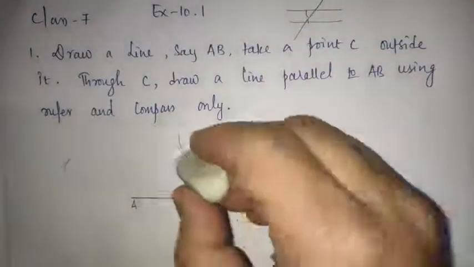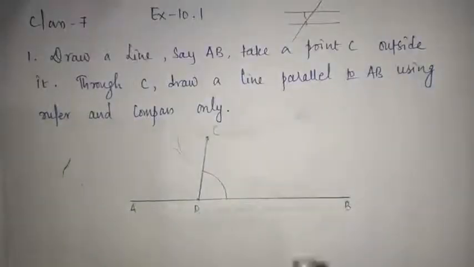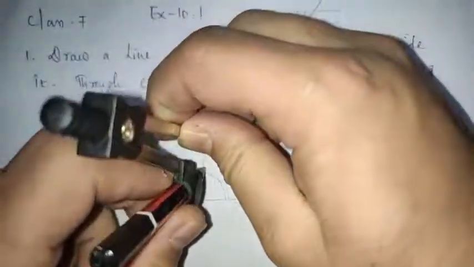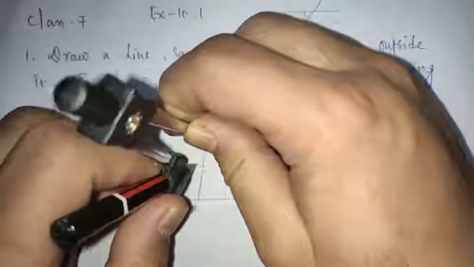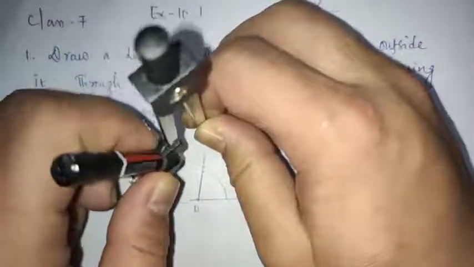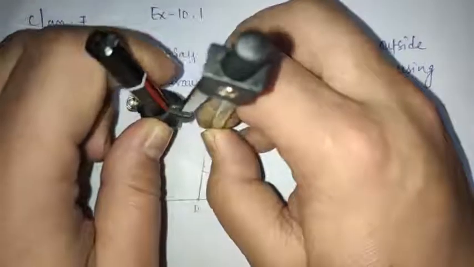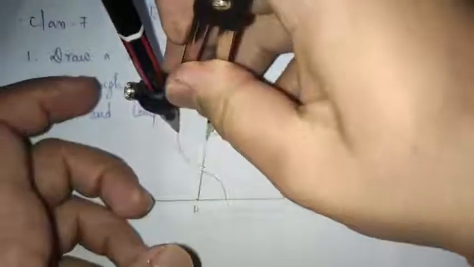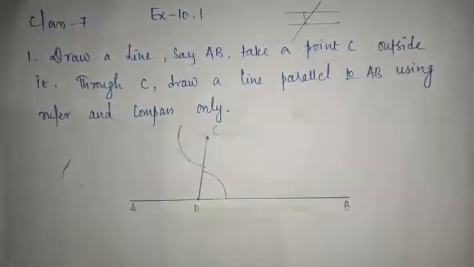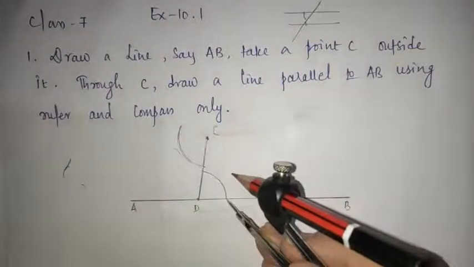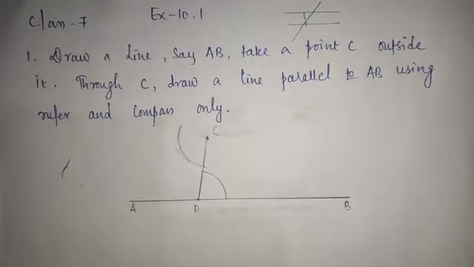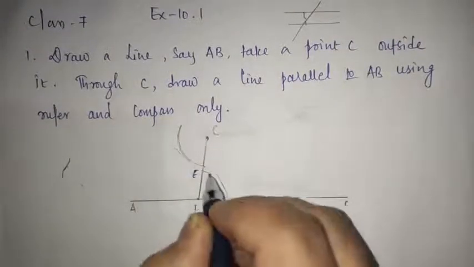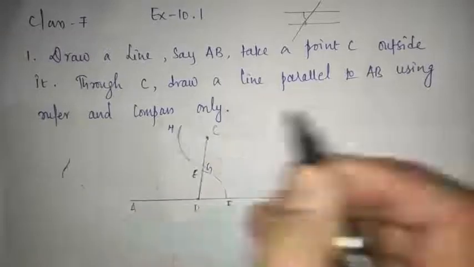Sorry for that. The thing should be done like this. Okay. Now let's name the points C, D, E, F, G and H here.